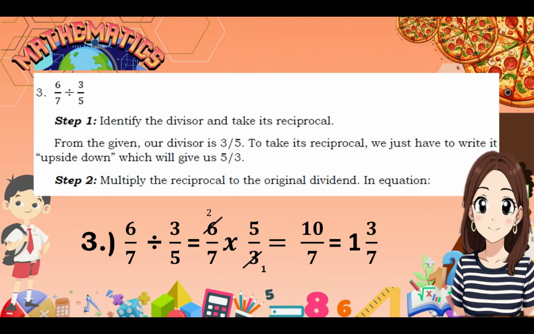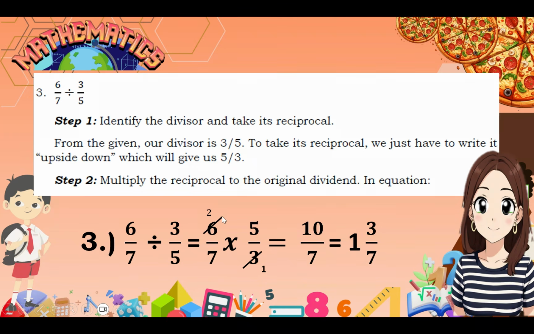Now for number 3, we have 6/7 divided by 3/5. Identify the divisor first, so we have 3/5. Its reciprocal is 5/3. Just copy the dividend, 6/7. Now cancel. 6 and 3 can be divided by 3. So 6 divided by 3 equals 2. 3 divided by 3 equals 1.